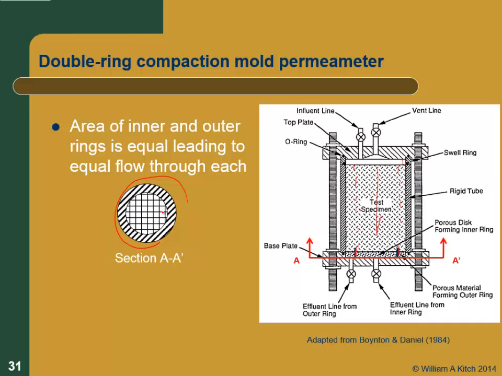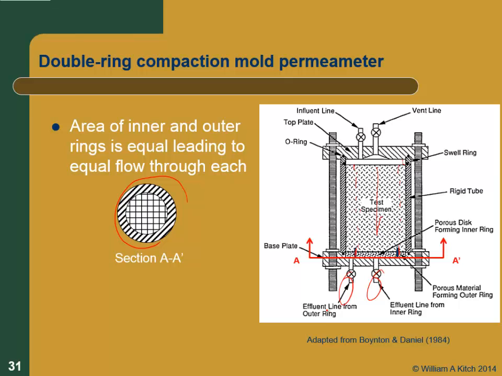You're going to collect your effluent separately from the inside ring and the outside ring. If you don't have any sidewall leakage, then you have the same volume from those two. If you have a lot more volume coming out of the outside one than the inside one, then you know you got a bad test. So it's a way to get around it.